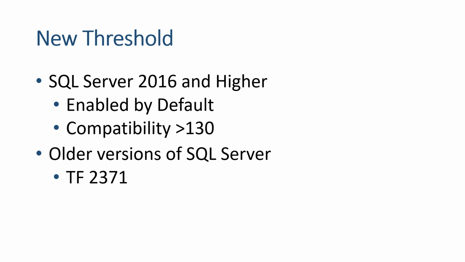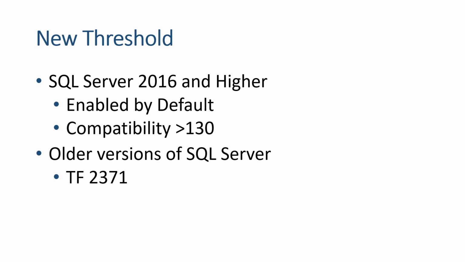But the new threshold is way, way smaller. It gets calculated as the square root of 1,000 times the number of rows, which is way, way smaller. Now, if your tables are very volatile, right, if you have inserts and updates, the OLTP systems where there is so much activity going on in your tables, then the new threshold will be really useful to keep your statistics up to date, right?